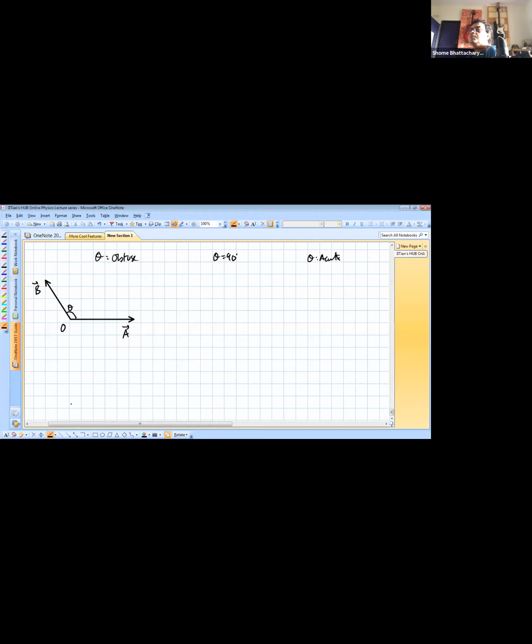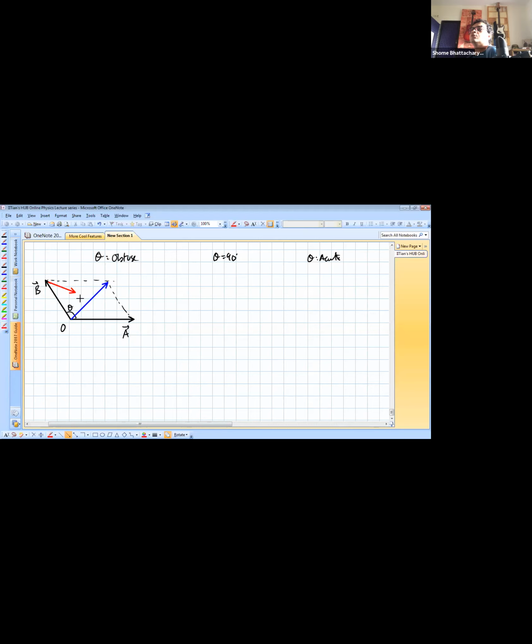When you analyze the sum and difference vectors, you can see that the sum, which is the primary diagonal, is actually the shorter of the two diagonals, because this angle is obtuse. So the primary diagonal is actually shorter in length. You can just understand that visually. And the secondary diagonal is actually longer in length.